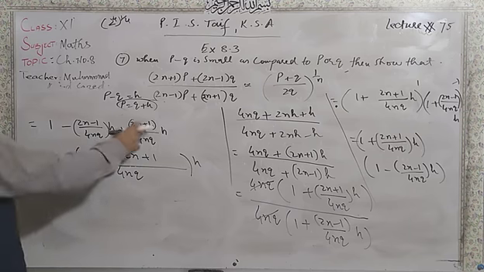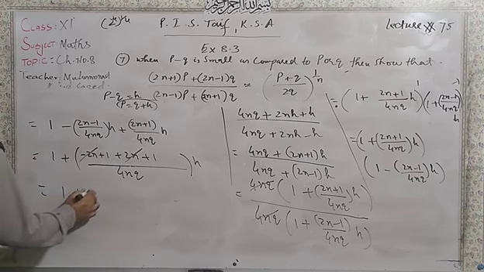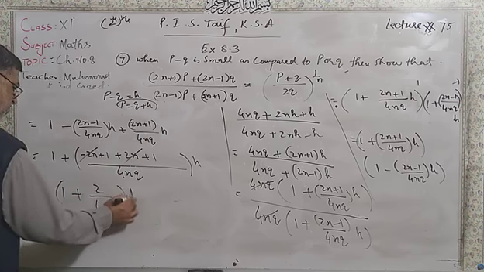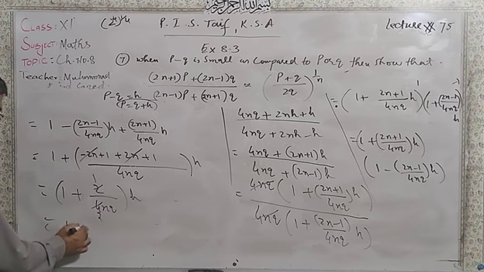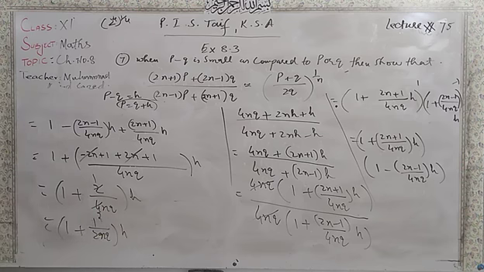Minus is taken inside, 2n cancelled out. 1 plus 2 over 4nQ into H. 2 ones are 2, 2 twos are 4. 1 plus 1 over 2nQ into H.